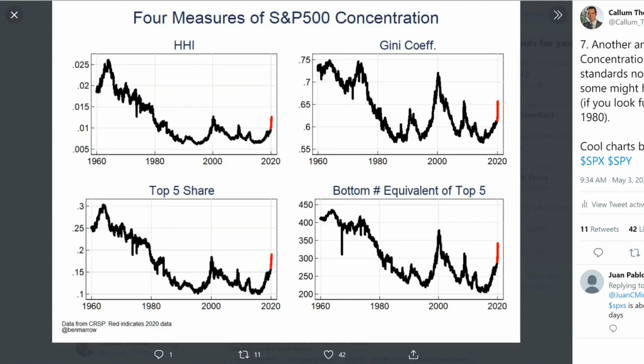But again, I'll let you read more on that in your own time. The point is, concentration has actually gone up, so it's definitely correct to say that concentration has gone up. It's definitely a lot higher than the average of the last sort of 40 years, so that is something.